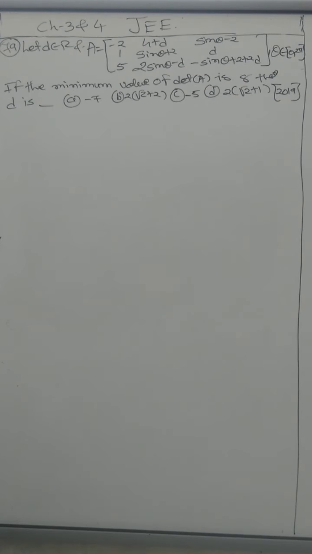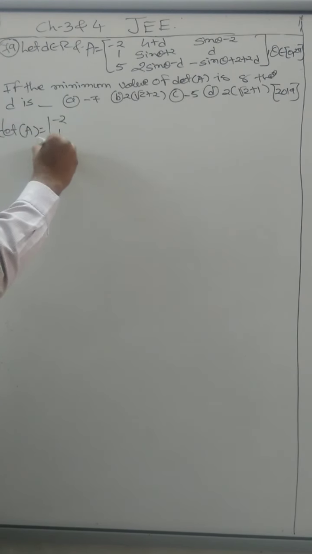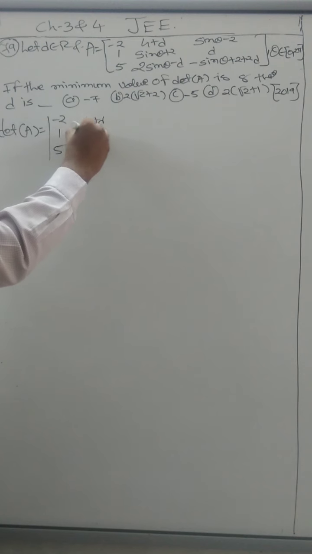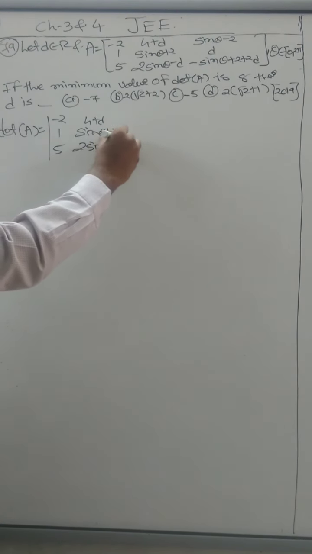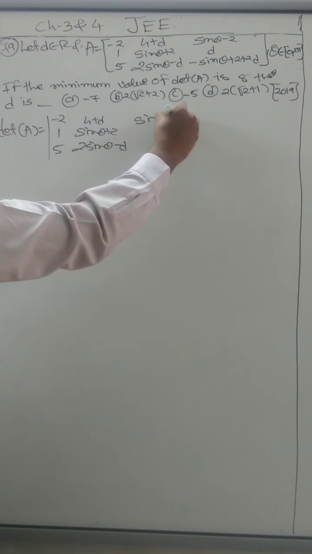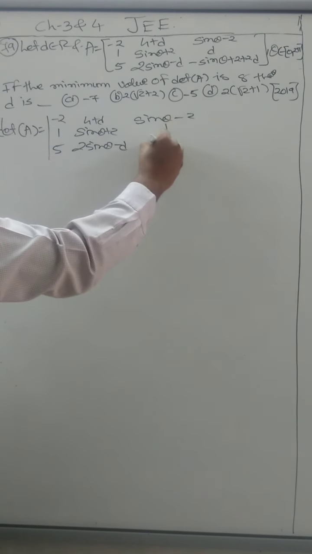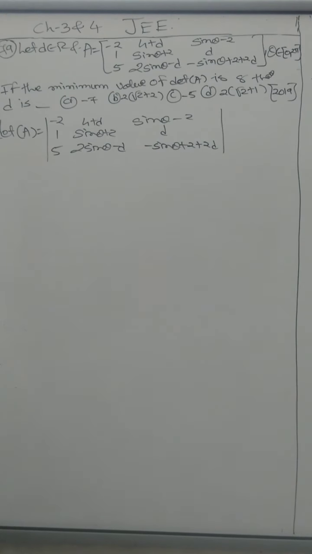Okay, here first of all, the determinant of A is equal to the determinant with rows minus 2, 1, 5; 4 plus d sin theta, plus 2, sin theta; plus minus d sin theta minus 2d and minus sin theta plus 2 plus 2d. Okay, now we just simplify it and then we go for the next.